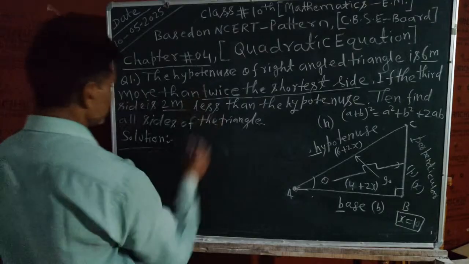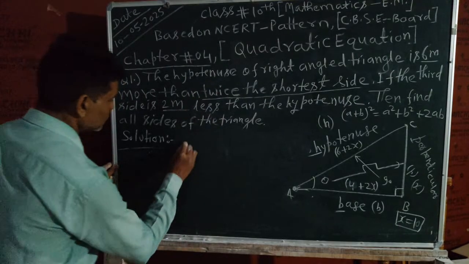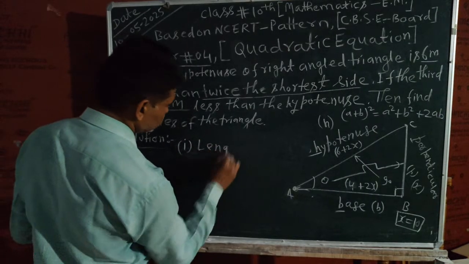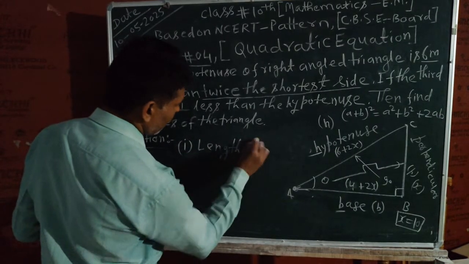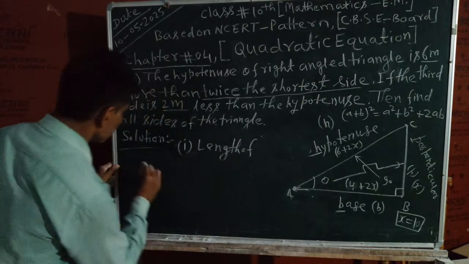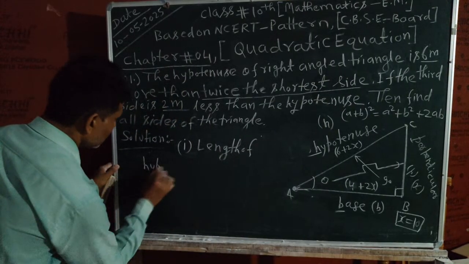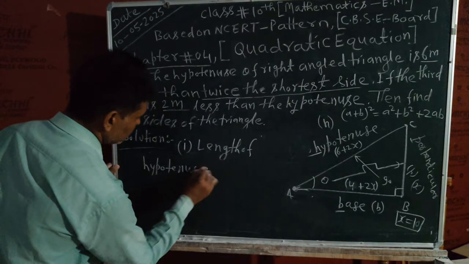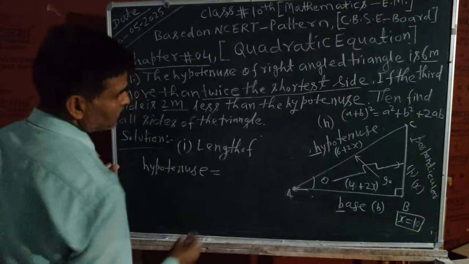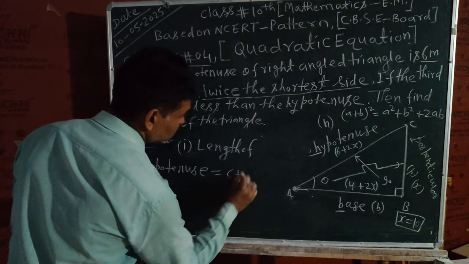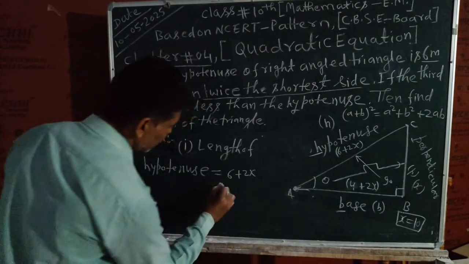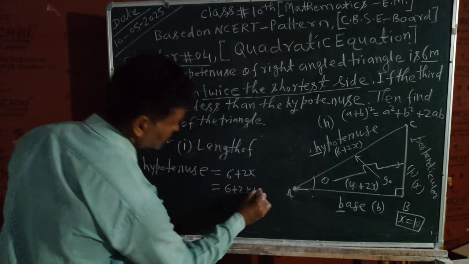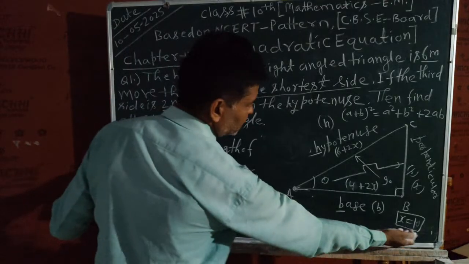Now the length of the hypotenuse. The length of the hypotenuse is equal to 6 plus 3x. Now here I have to calculate 6 plus 2 into 10 because I have got the value of x is equal to 10.